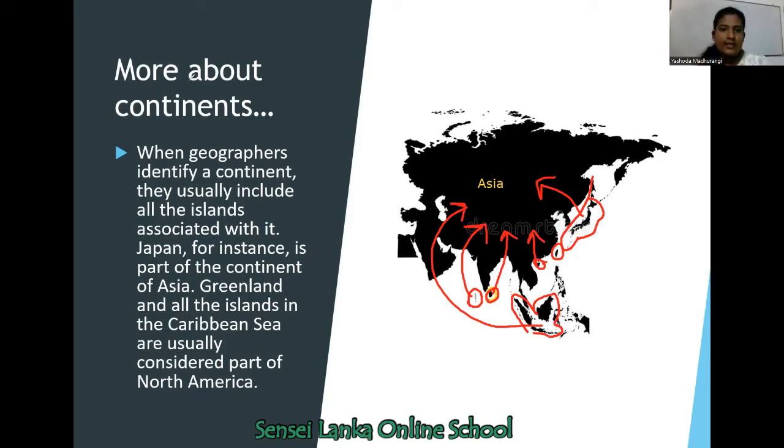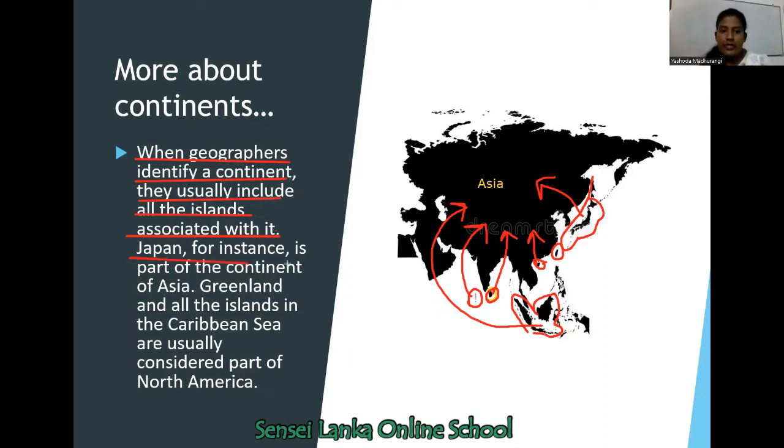So now look at this definition. Actually, it's a description for you. When geographers identify a continent, they usually include all the islands associated with it. Normally, the geographers consider the surrounding islands to belong to the respective continent.